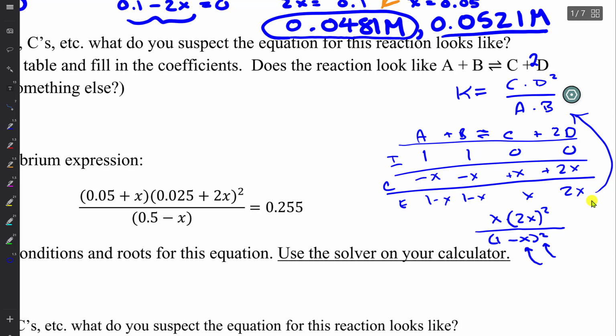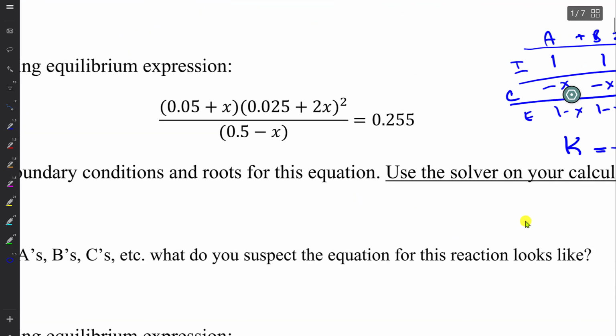That's the indication that there are actually 2 different reactants that led to that expression. So you know you have 2 reactants in this one, and you know you have 2 products. It's just that one of them has a coefficient of 2 on it. So this sort of exercise should help you understand what equilibrium constant expressions should look like, and it should help you avoid some really common errors.